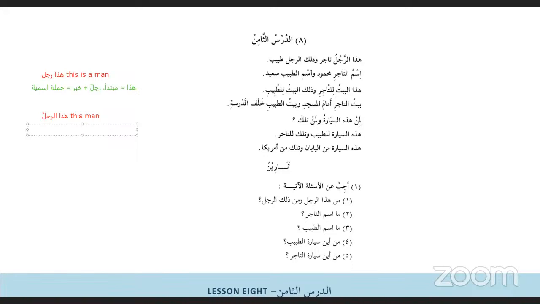Rajul is a common noun. It's not an adjective. It doesn't fit the role of being an adjective. You're not saying learned or great, short, big, small, kind. So rajul does not fit to be na'at.